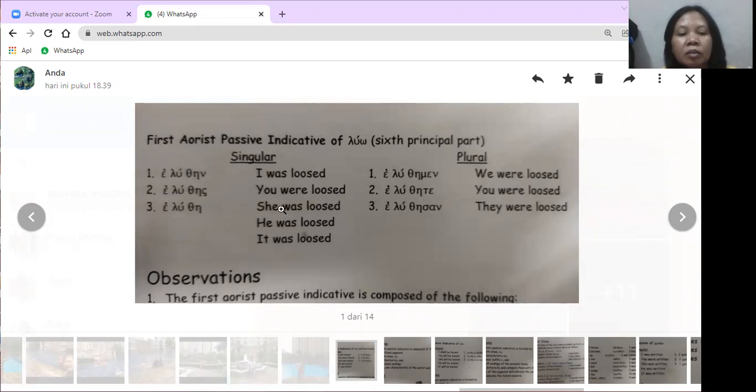The third singular, the. The first plural, we will find the ending themen. Second plural, thete. Third plural, thesan. And now we know the first aorist passive indicative of luo.